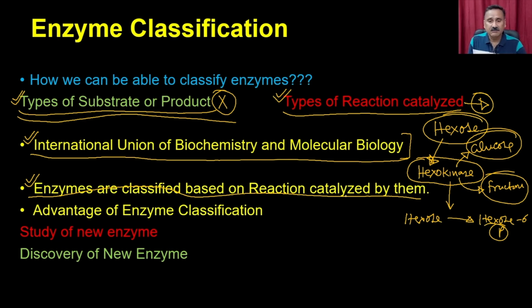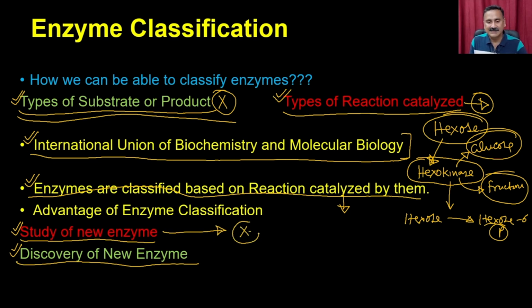And what is the advantage? Why are we doing enzyme classification? Because it helps to study and discover new enzymes. Imagine I have identified a new enzyme, X, and this X is taking up a sugar and converting it into a sugar phosphate, or taking up DNA and converting it into DNA phosphate.